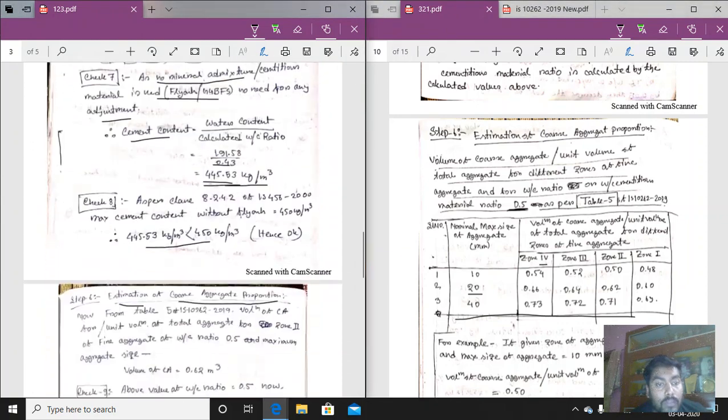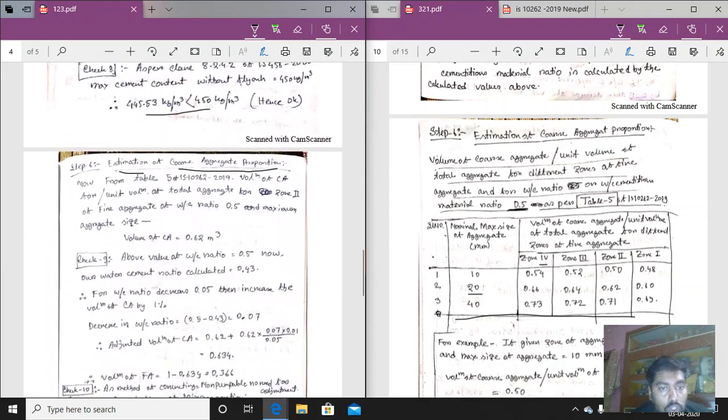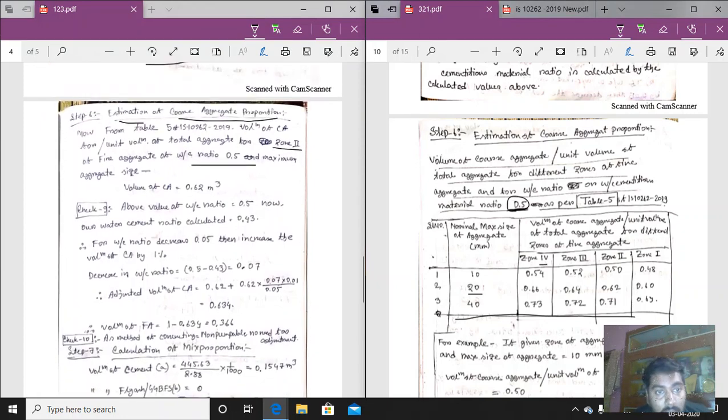So for zone number 2, and maximum size of aggregate 20 mm, and this is only for water cement ratio 0.5, the value is 0.62 meter cube that we have got. For 20 mm and zone number 2 we have got the coarse aggregate content 0.62 meter cube.